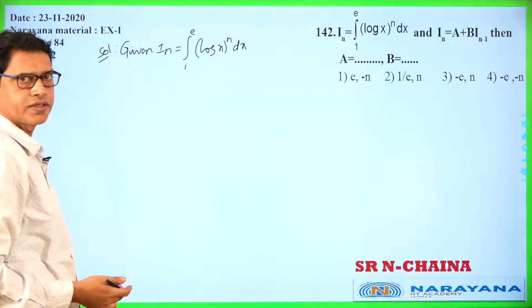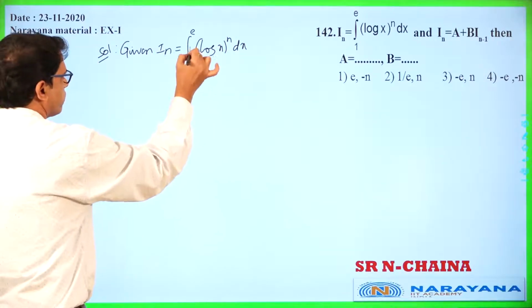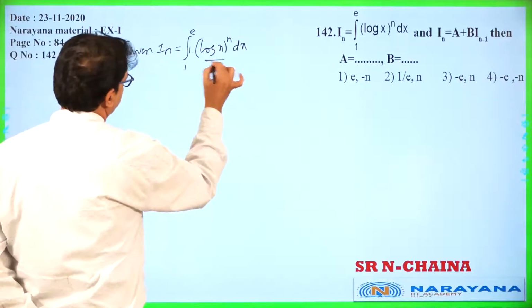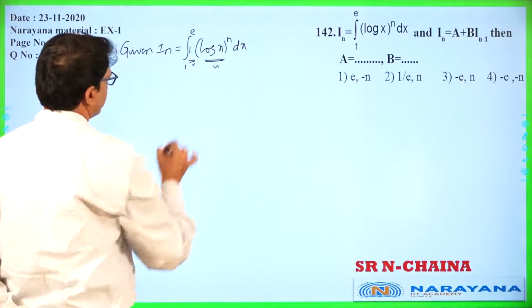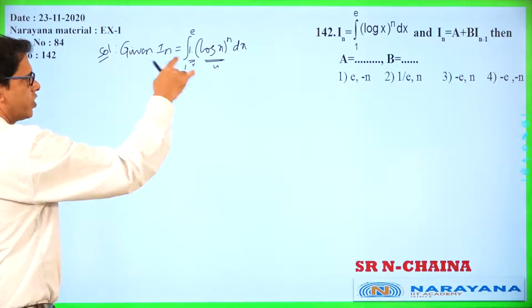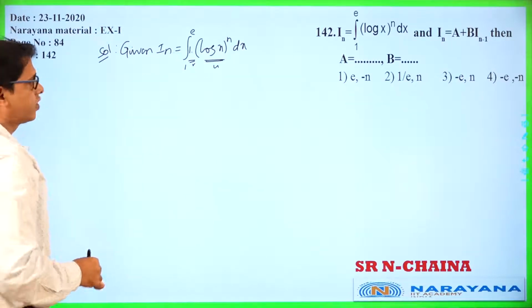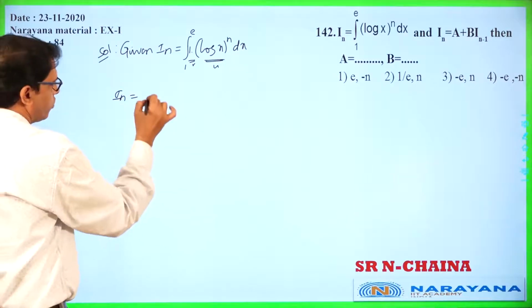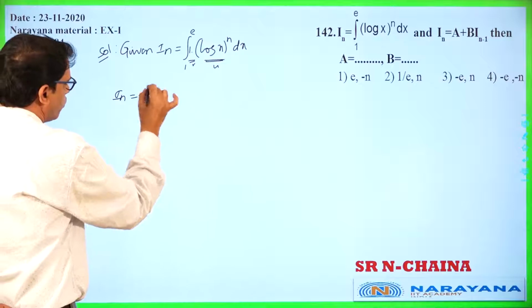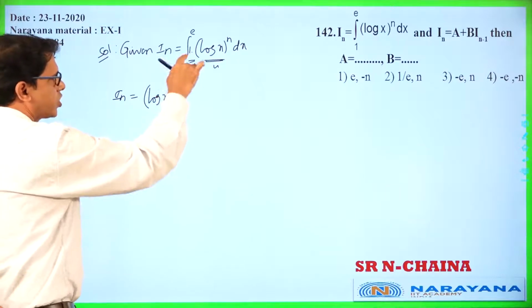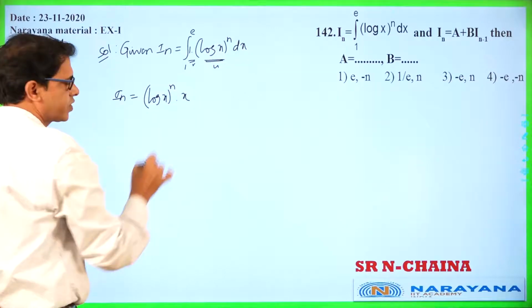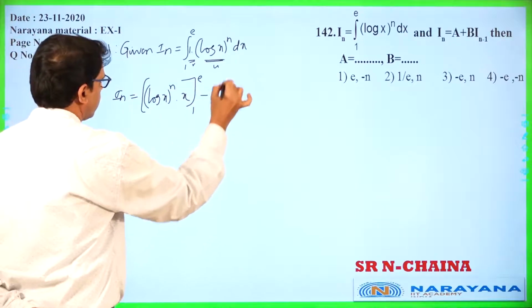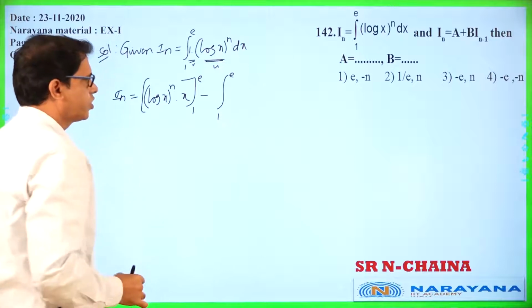Apply integration by parts, with the integrand times 1. Take log x to the power n as the first function u, and 1 as v. First function into integration of the second one: so I_n equals u into log x whole to the power n, integration of 1 dx is x, limits 1 to e, minus integral over 1 to e of u dash.